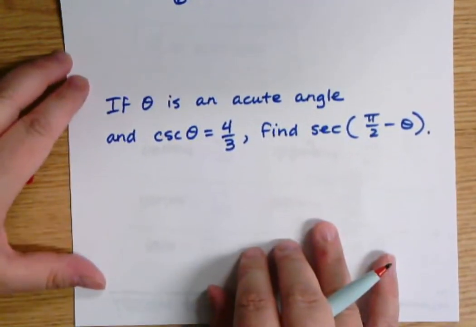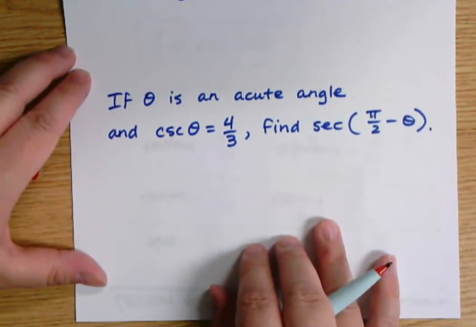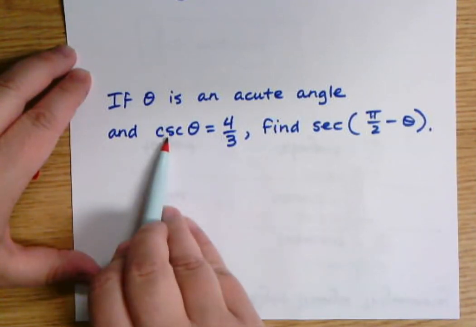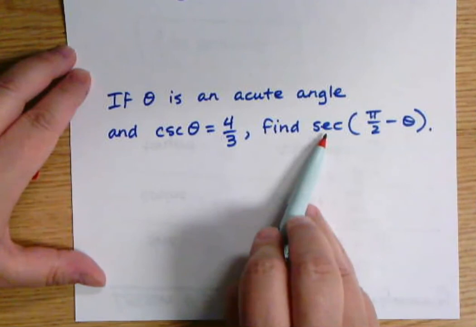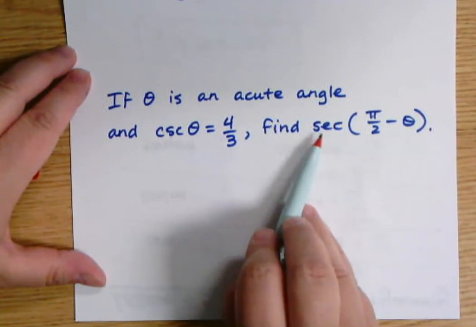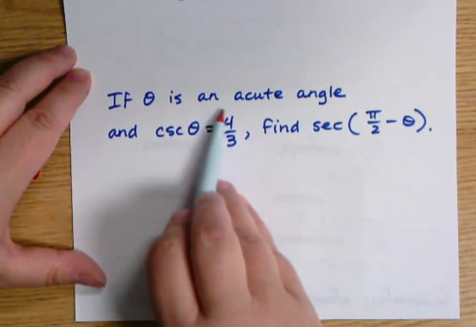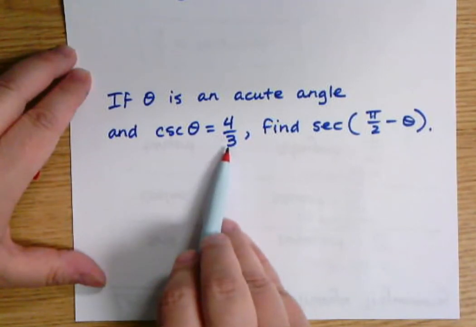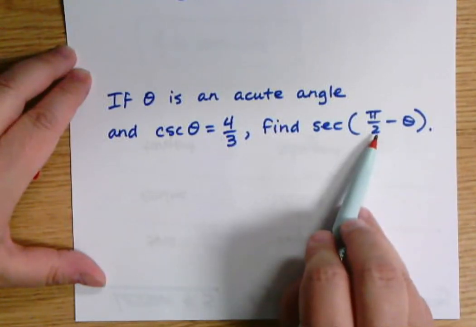And last but not least, if theta is an acute angle and the cosecant of theta is 4/3, then find the secant of pi over 2 minus theta. First off, I have to recognize that cosecant and secant are cofunctions. So whatever the cosecant of theta is, it's the secant of 90 minus theta. 90 minus theta is the exact same thing as pi over 2 minus theta.